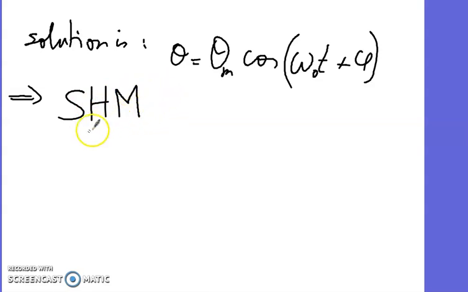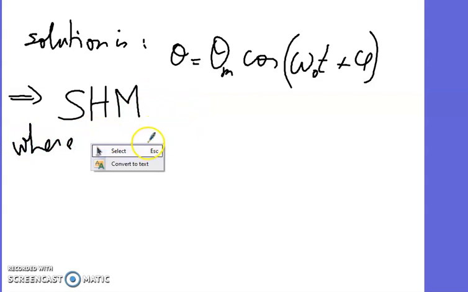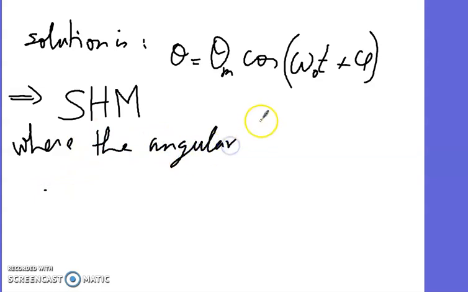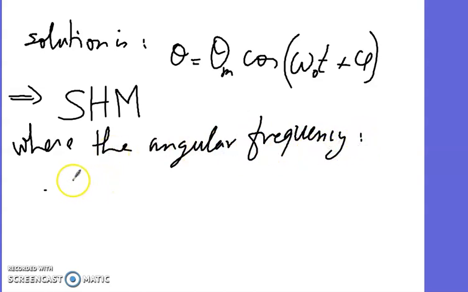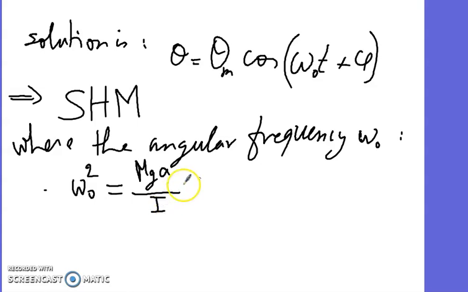Clear? Where, don't forget, angular frequency omega 0 here. Omega 0 squared is equal to mgA over I, if you compare, clear?